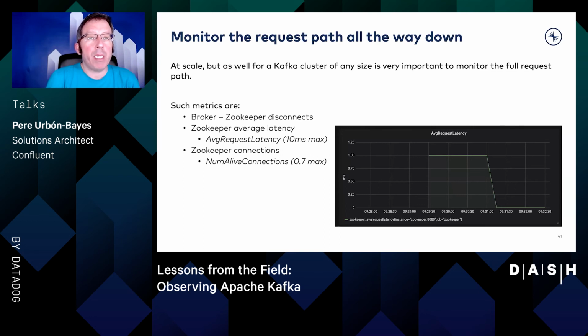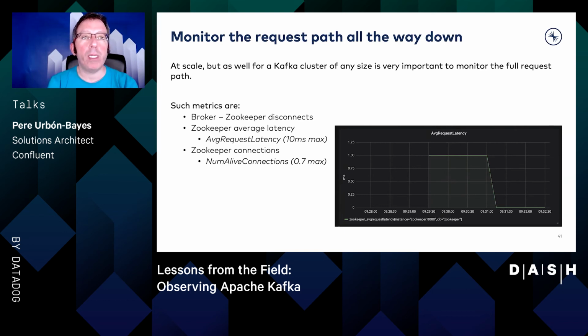The average latency should always be a maximum of 10 milliseconds. If it's bigger, you might be in trouble. And just remember, Zookeeper is very sensitive to latency. Every time the controller needs to make an update on metadata or needs to make a decision like battling for who is the controller, it's going to go right into Zookeeper and check.